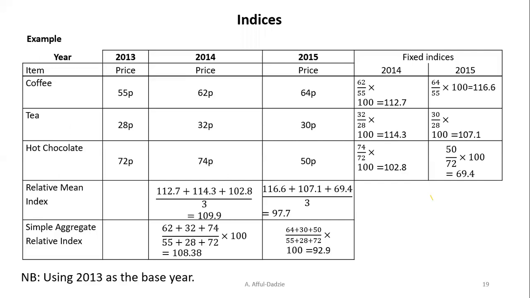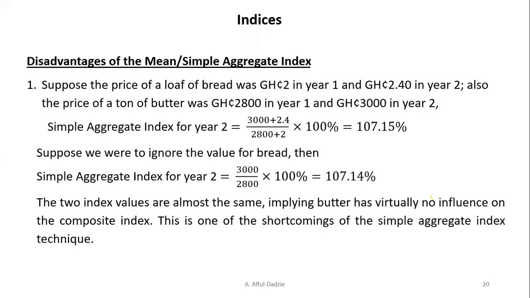However, these methods have certain weaknesses that do not necessarily give an appropriate picture of what the situation is. Now, suppose that the price of a loaf of bread was 2 cedi in year 1 and 2.40 in year 2. Also, the price of a ton of butter is 2,800 cedi in year 1 and 3,000 in year 2.